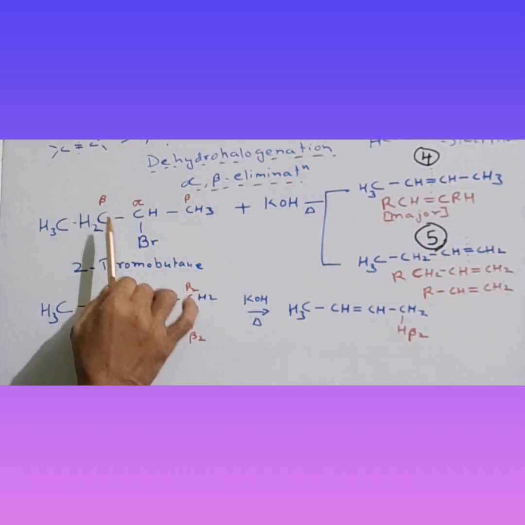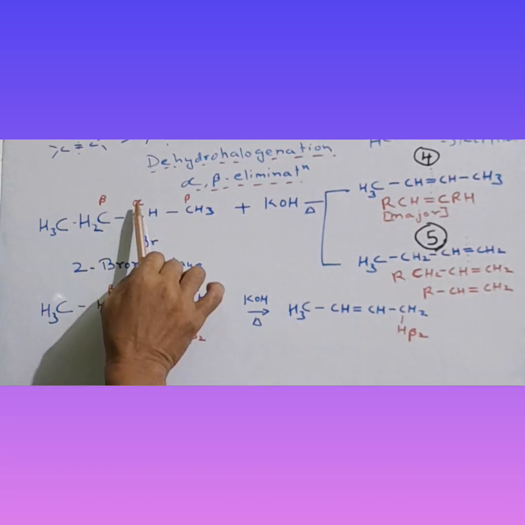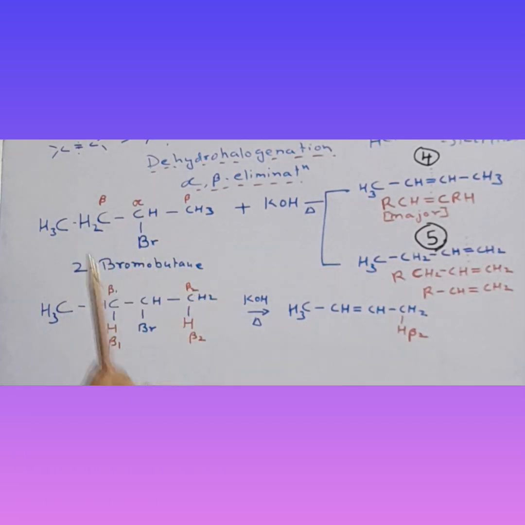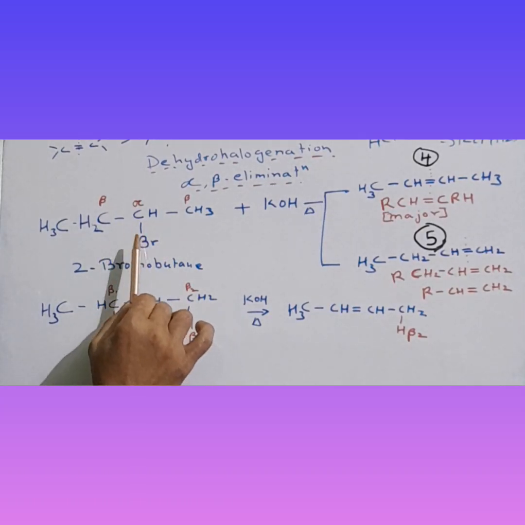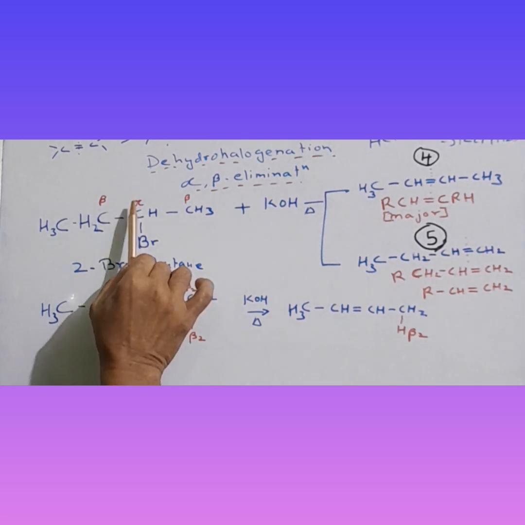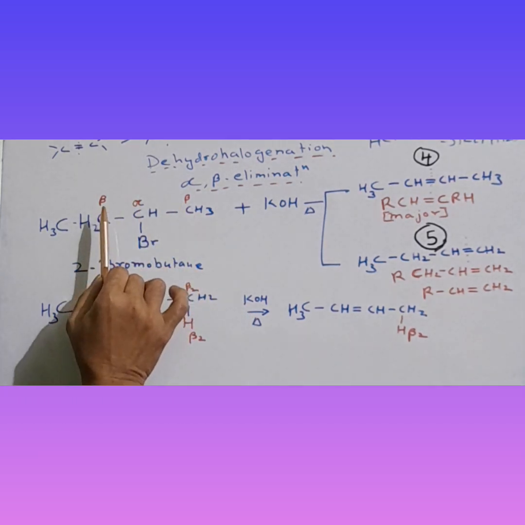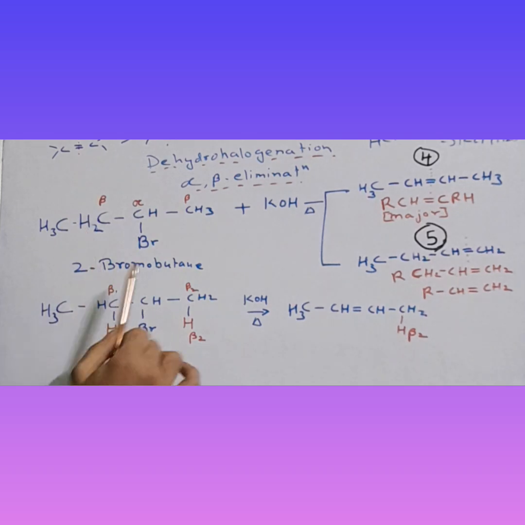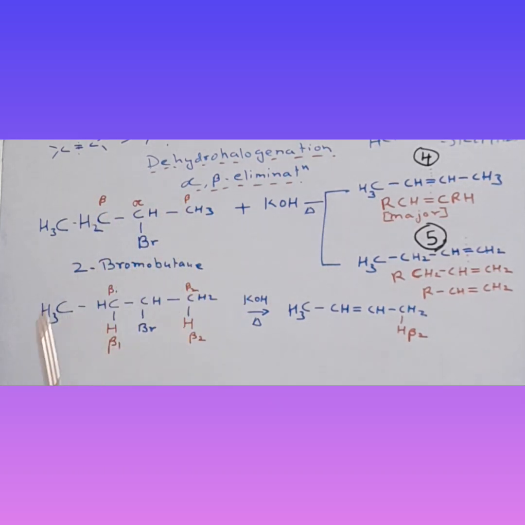I already explained earlier that alpha is the carbon to which the functional group is attached. Here the Br is attached to this carbon, so this carbon becomes alpha carbon, and the ones beside it become beta carbons. We are naming this as beta 1, and this as beta 2.